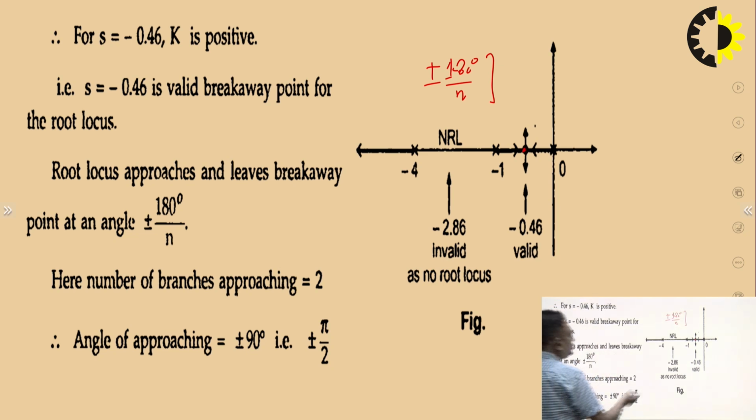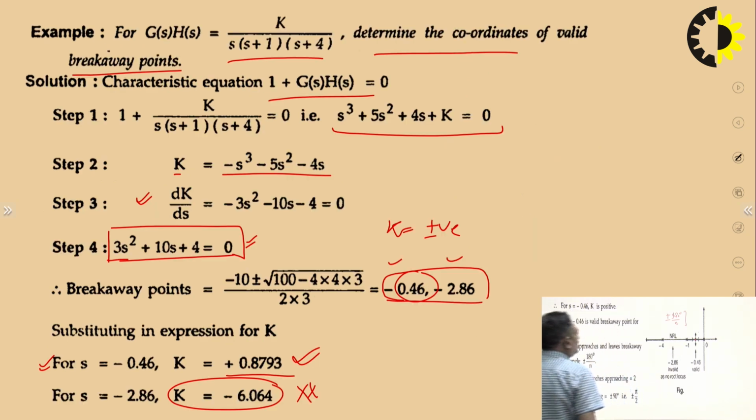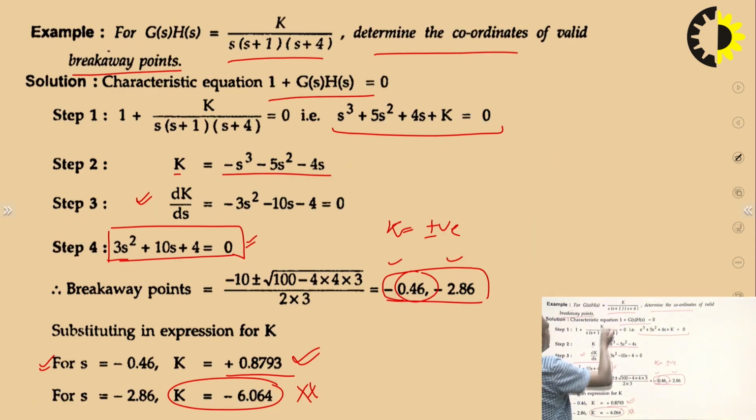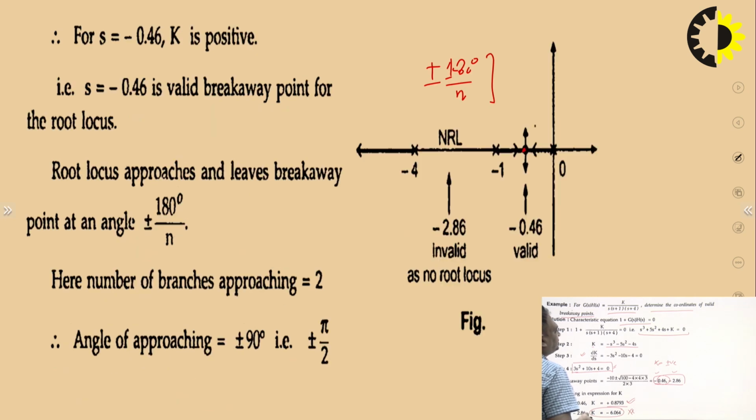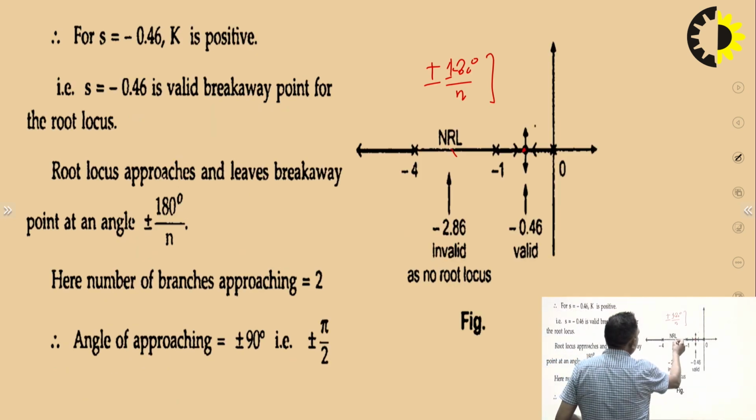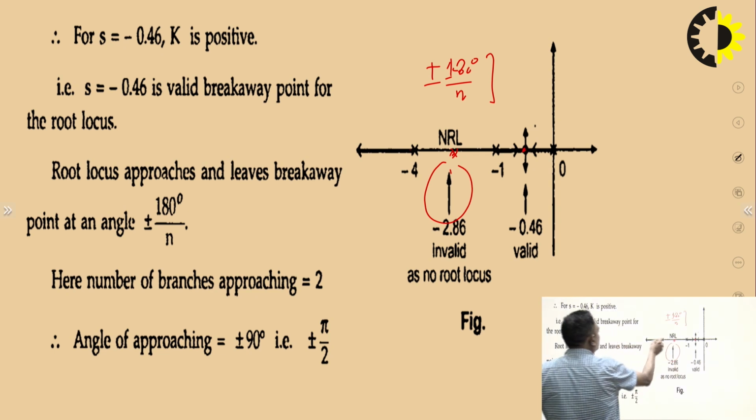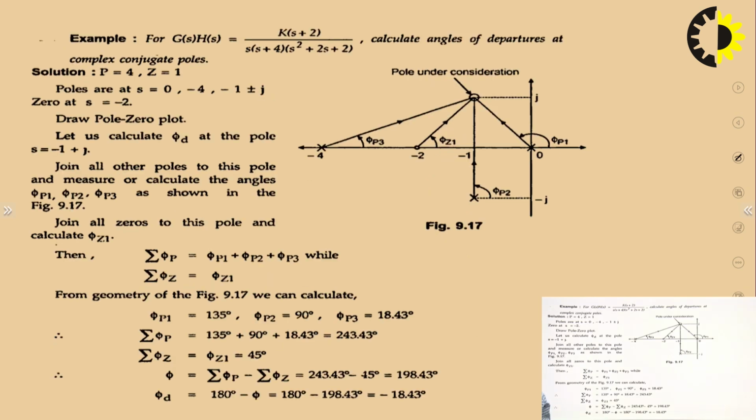Here you can see the two branches approaching each other, that's why this angle is plus minus 90. And at s equals minus 4, there is no root locus on this part, and you have this root locus which terminates at infinity. Another concept is the angle of departure at complex conjugate poles.